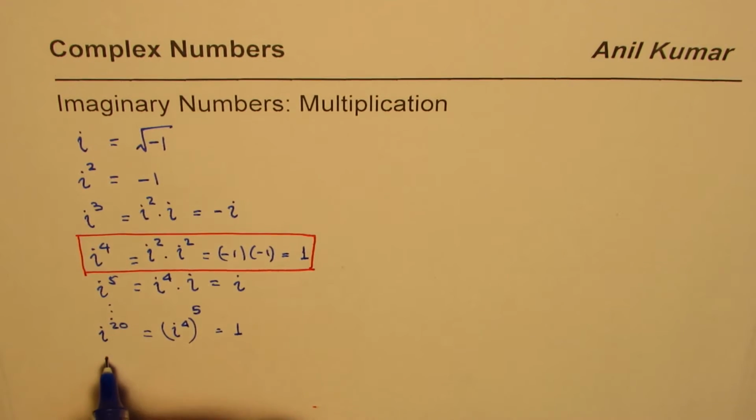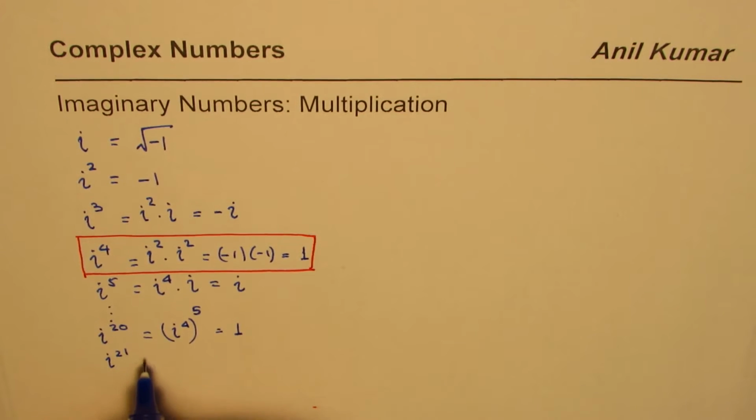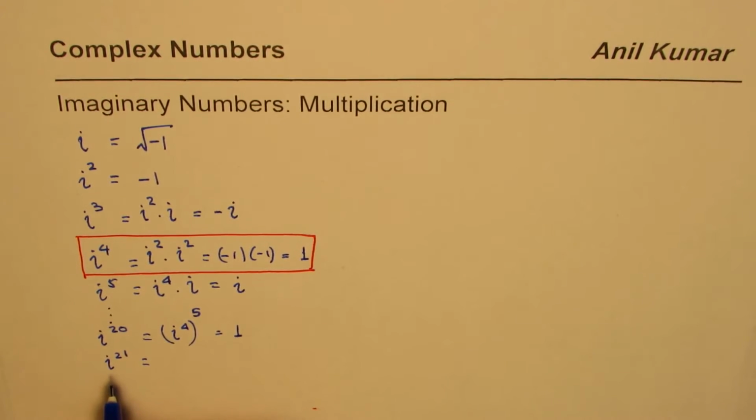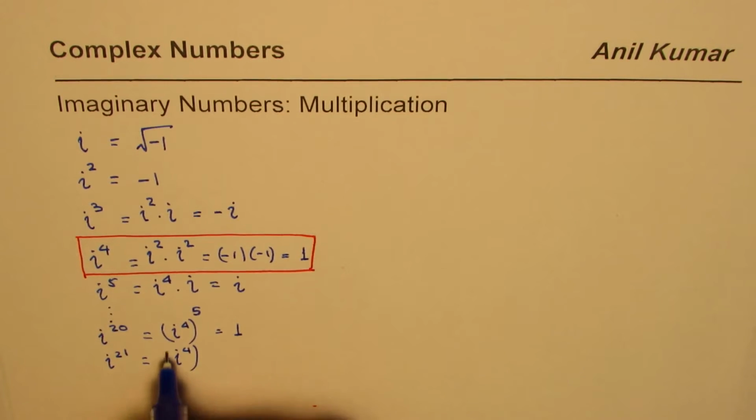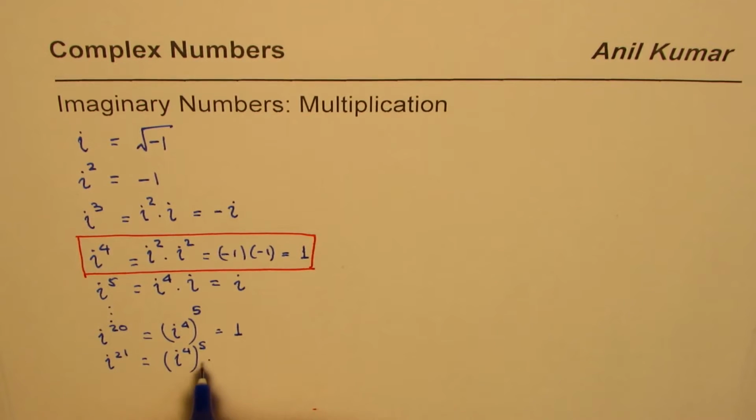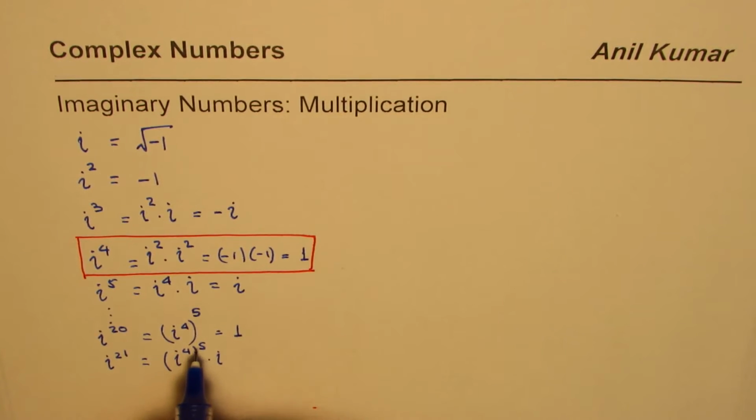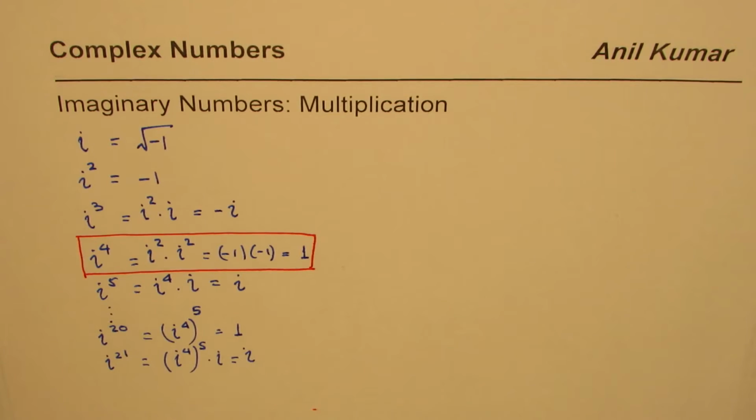But how about i to the power of 21? In that case, we could have one component with power of 4 like we had earlier, and we could multiply that by i. So now the power is 21. Since we know that the first part is 1, the answer is i. Do you see that? So that really helps us to calculate any power of i, right?